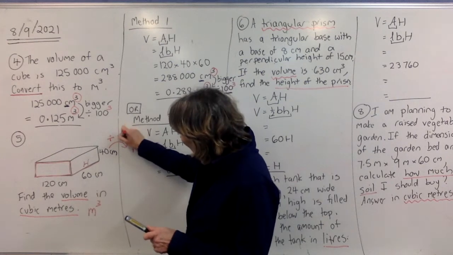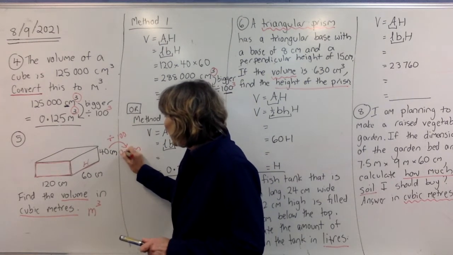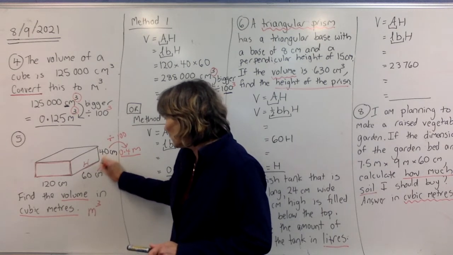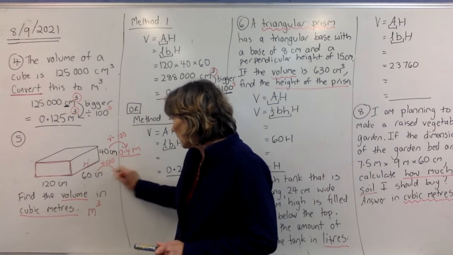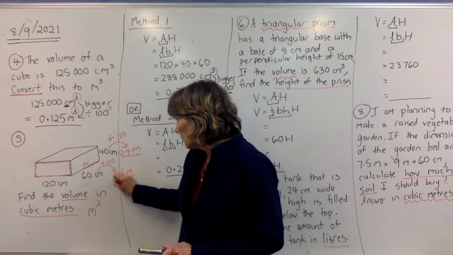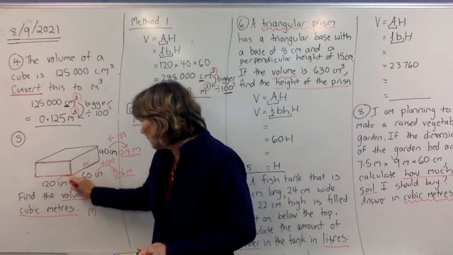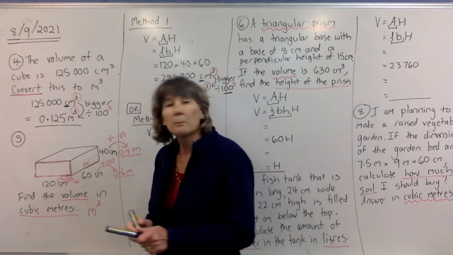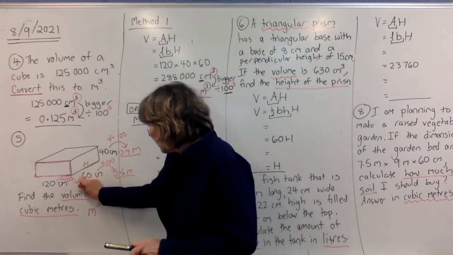If you do that, that will change to 0.4 metres. This one here, again divide by 100, and that will become 0.6 metres. And same here, you divide that by 100, you will end up with 1.2 metres.